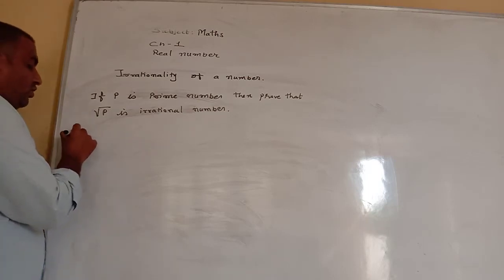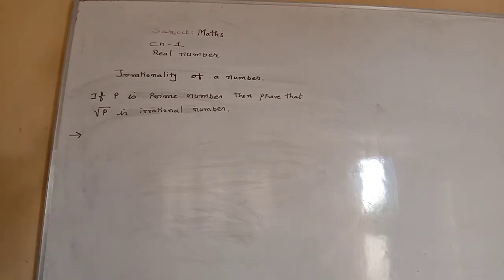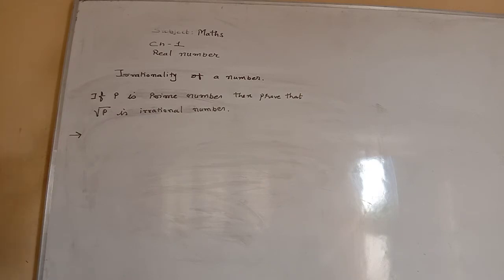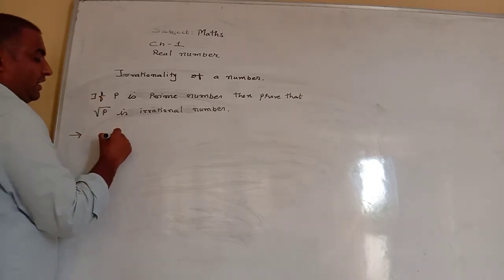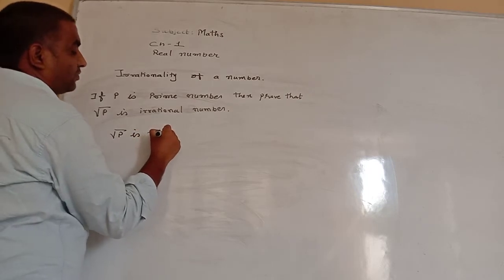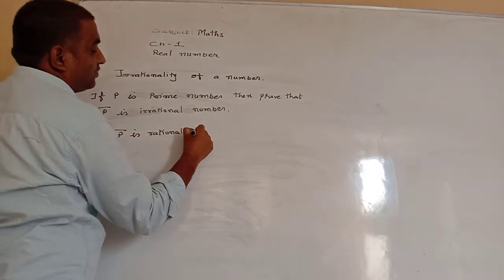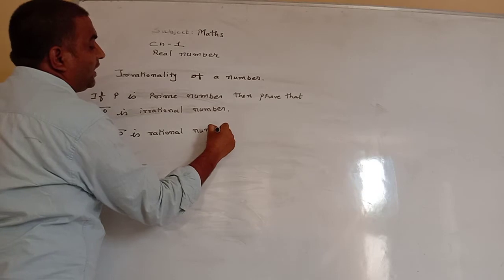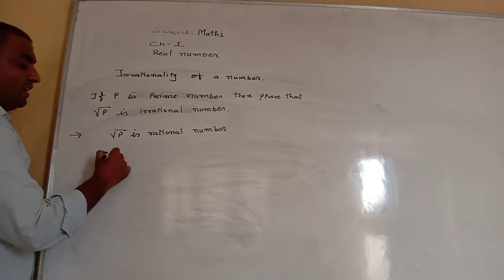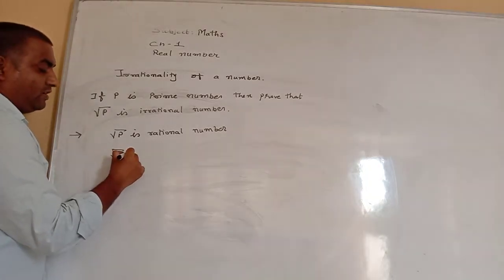In the contradiction method, if we want to prove root p is irrational, then we will assume that root p is a rational number. We know that a rational number can be written in a by b format.